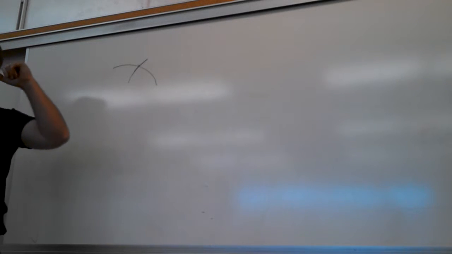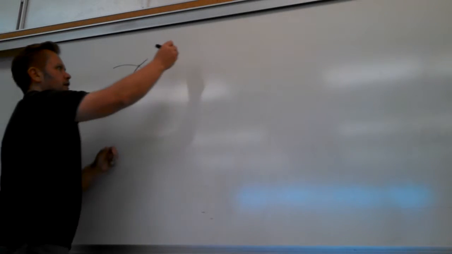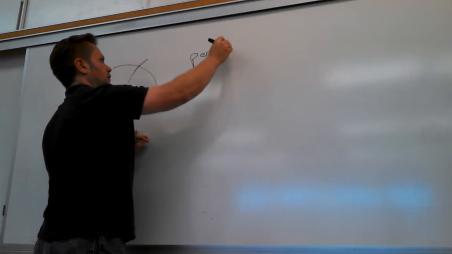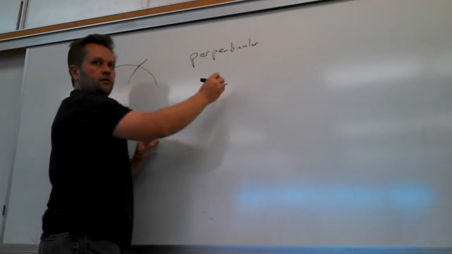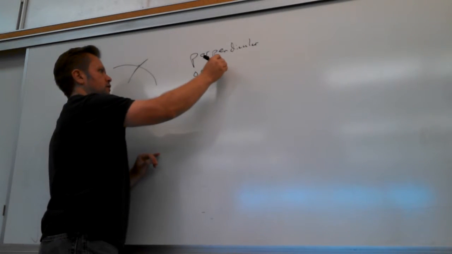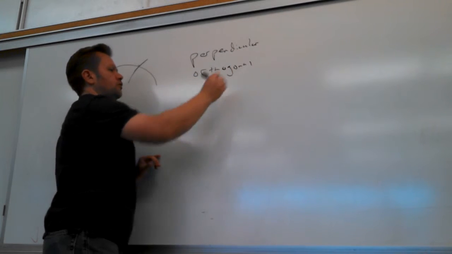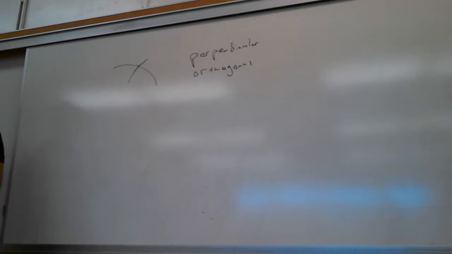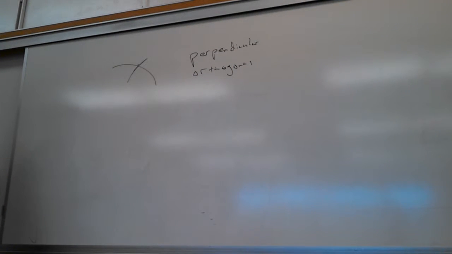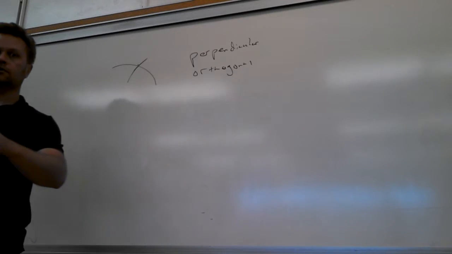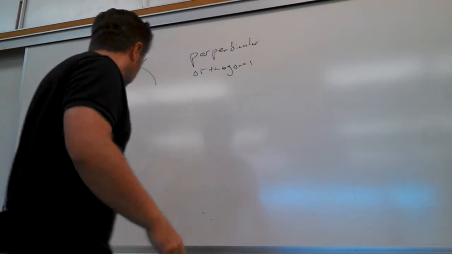So you have the idea of perpendicular, which we capture with the word orthogonal. It means the same thing, but we use it in certain other situations. And then you have the idea of normal, which plays in with tangent, and the normal is perpendicular to the tangent. So all these words kind of reference the same idea.